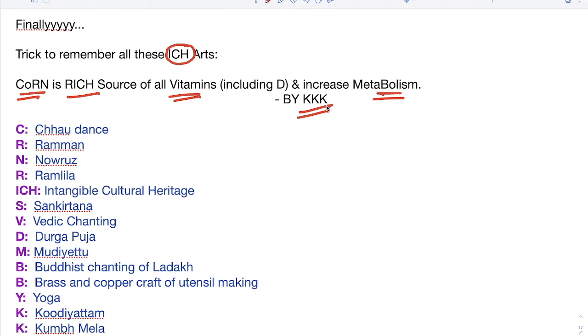But out of all the tricks, which one resembles the ICH, okay, that's why I included ICH in this trick. So after seeing this, you can remember, oh, this trick is for ICH art forms. Okay, ICH means Intangible Cultural Heritage.